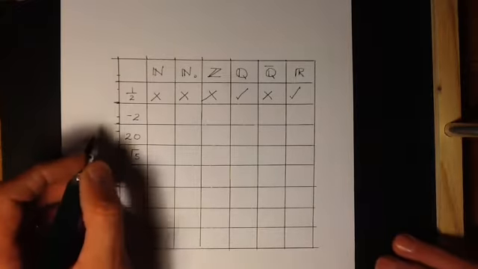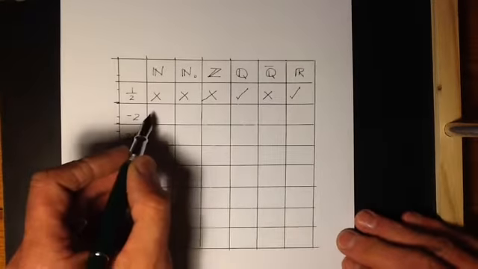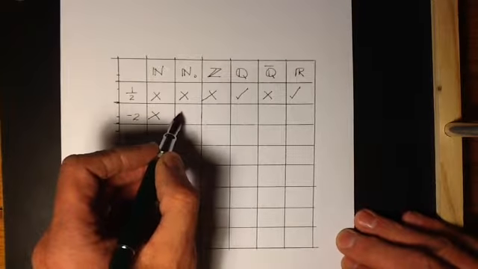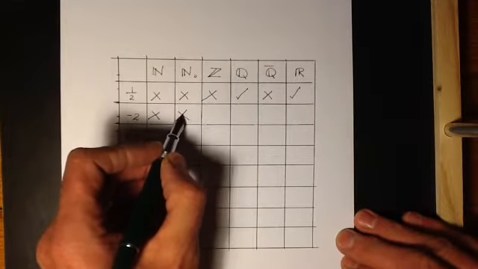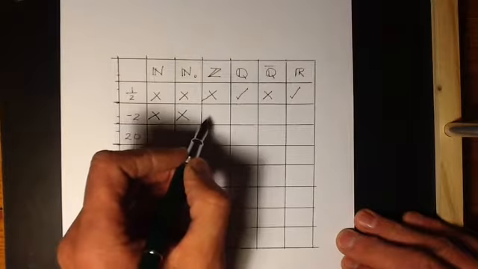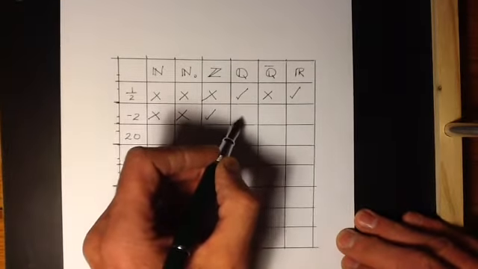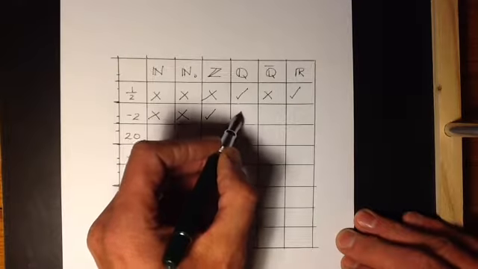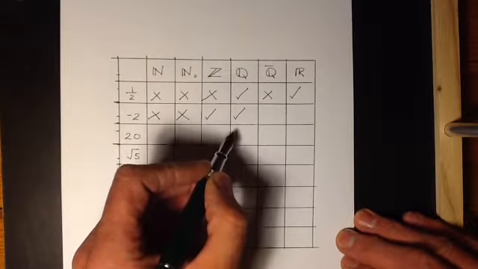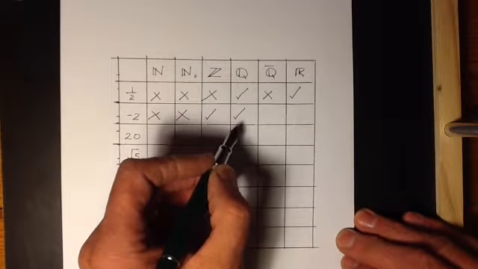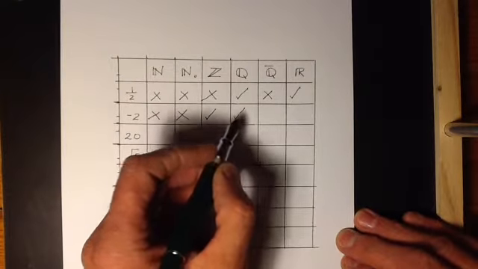Right, here we go. Negative 2, no, it's not a natural number. No, it's not a whole number. Yes, it is an integer. Yes, it is rational because it can be a fraction, negative 4 over 2, for example, negative 2 over 1.